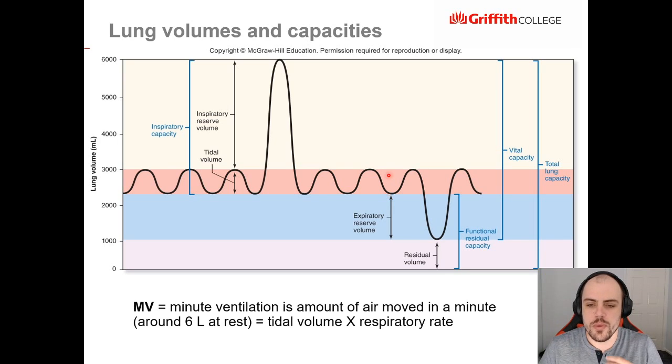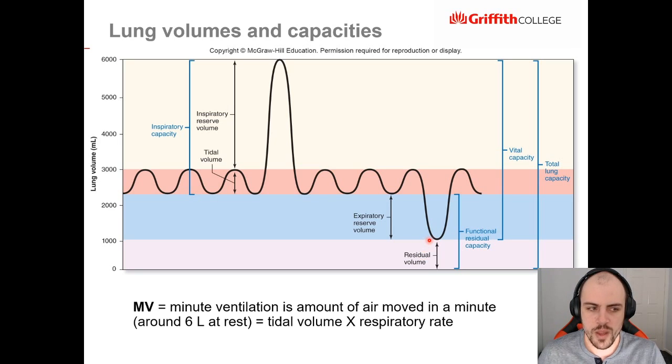Once I do that, I breathe out as much as I can. All the air is out and it's done. I can't breathe out anymore. That is down here. I need to breathe. Okay, that is our expiratory reserve volume, because this is the maximum amount that I can breathe outwards.